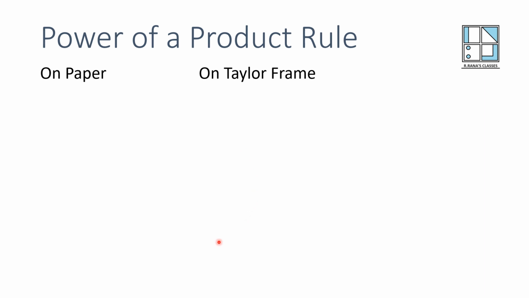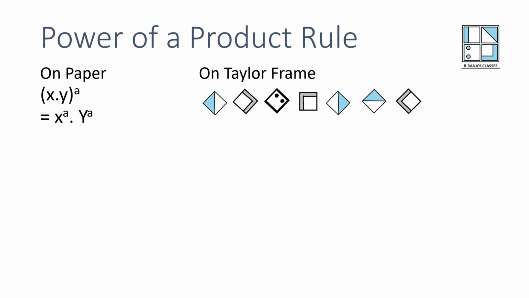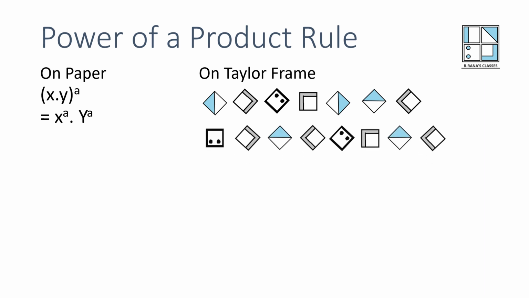Power of a product rule. x into y whole raised to power a is equal to x raised to power a into y raised to power a. On Taylor frame, brackets open, x into y, bracket close, whole raised to power a is equal to x raised to power a into y raised to power a.